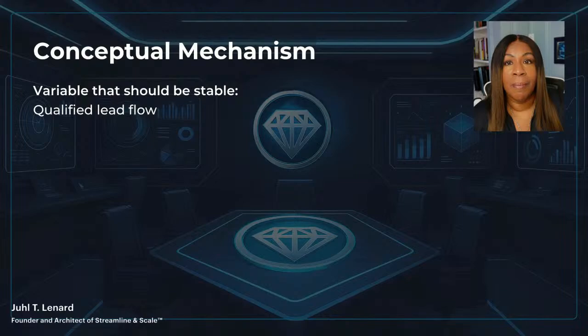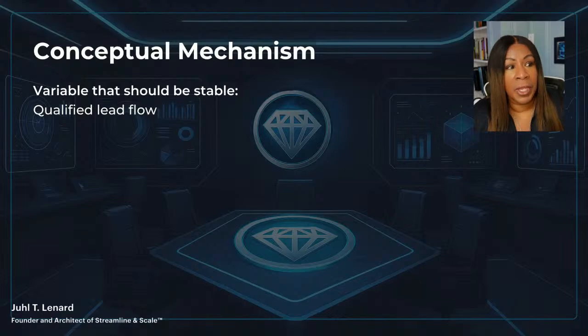The conceptual mechanism. So in the lab, we're really investigating these patterns, and we're wrapping up the signal volatility arc. And so we look at the mechanism here in the deep dive.